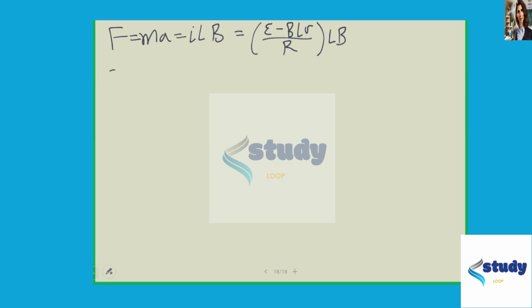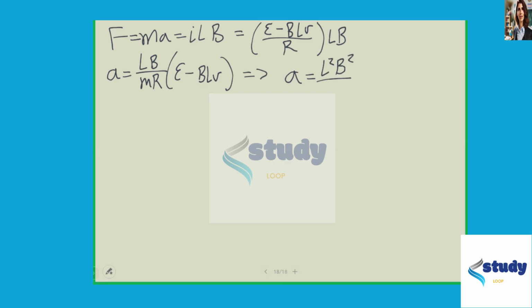And we can solve for the acceleration, which is then LB over MR times the battery voltage minus BLV. And I'm just going to do one more line of algebra and factor out the BL. So the final equation is going to be L squared B squared over MR times battery voltage divided by LB minus V.